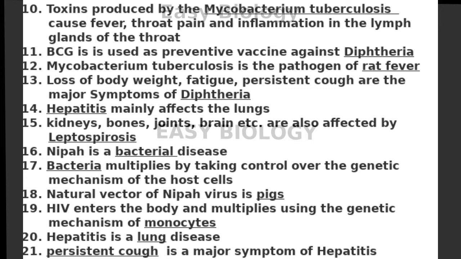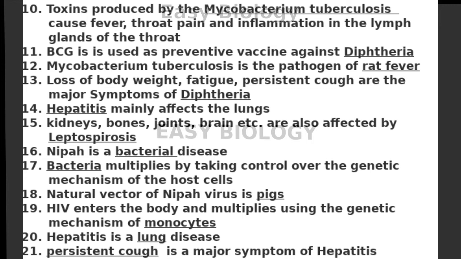Question number 15. Kidneys, bones, joints, brain, etc. are also affected by leptospirosis. Here the underlined portion is leptospirosis. It is wrong. The answer is tuberculosis.